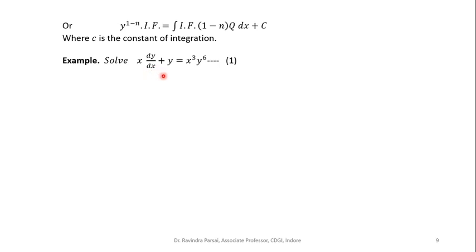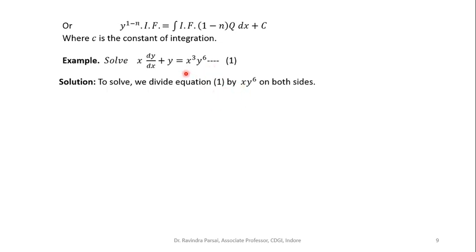Suppose this is a problem: x dy by dx plus y equal to x cube y raised to 6. Clearly this equation is not linear in x as well as not linear in y. Here the dependent variable on the right-hand side has power greater than 1, that is, the equation is of Bernoulli's type, a non-linear equation.